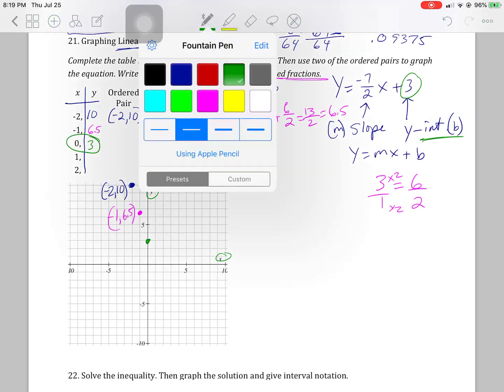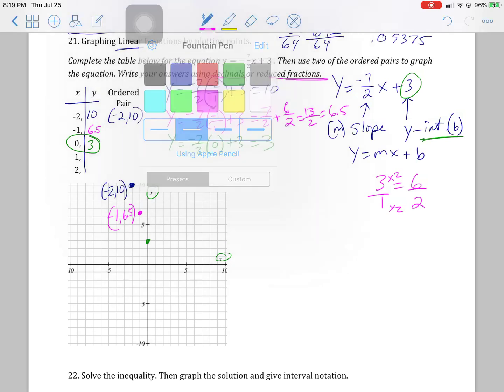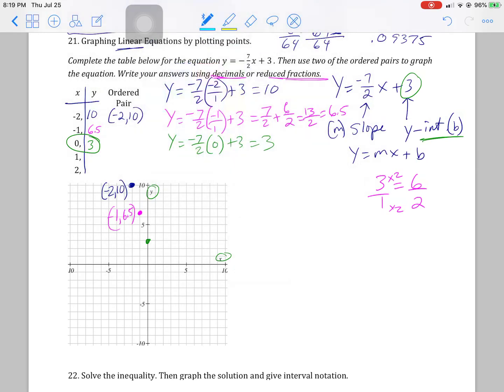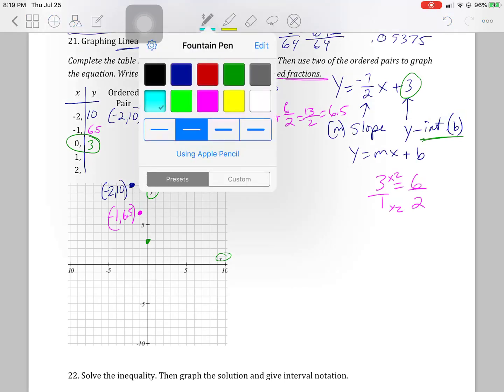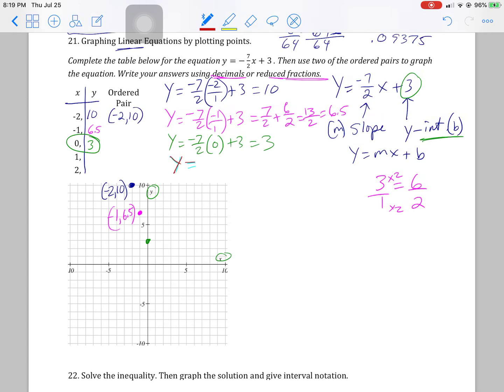Let's see. Then we want to do, I just did pink. Do the weird blue. I can't see that. How about red? -7/2 times 1 plus 3. So that's -7/2 plus 3. How do we do that? We're not going to be able to use the 3. What was 3 as a fraction? That was 6/2. So that's going to be a -1/2 for that one.